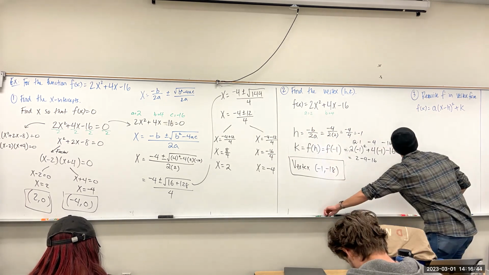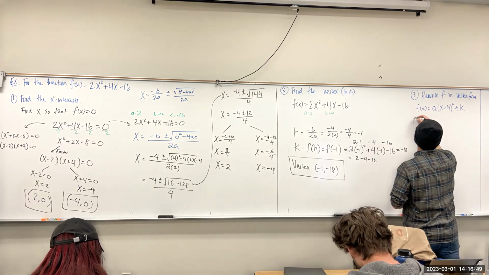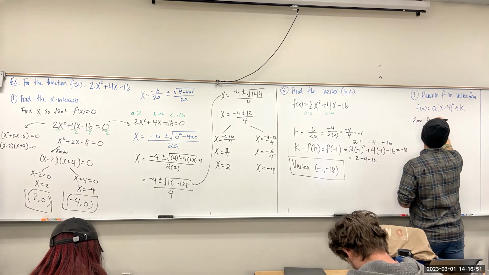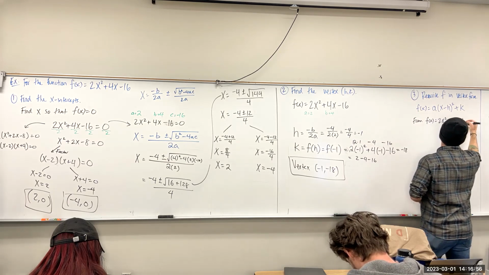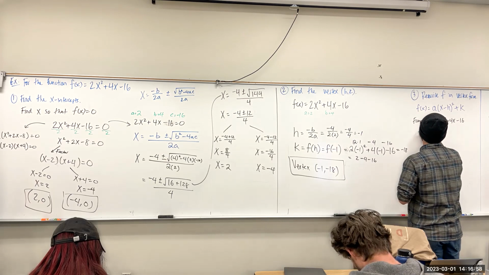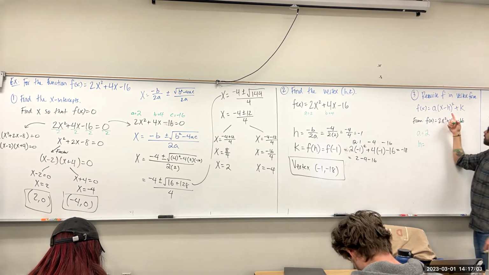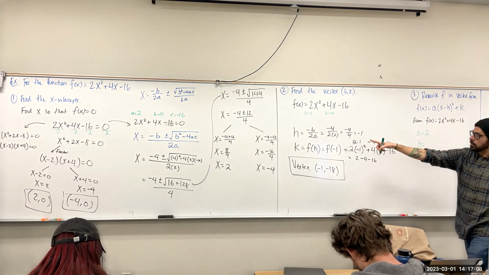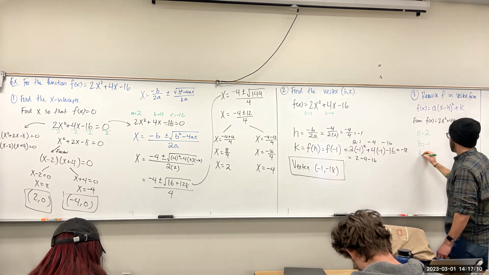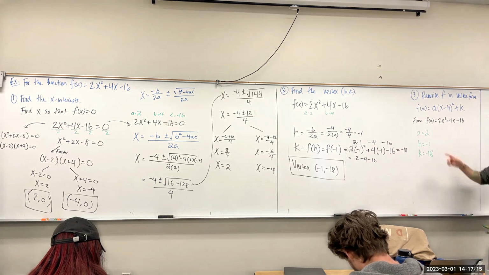From the function the way it looks right now, we already know that a is equal to 2. We just found h to be -1, and we found k to be -18. These are the three missing pieces of information I need for this form.